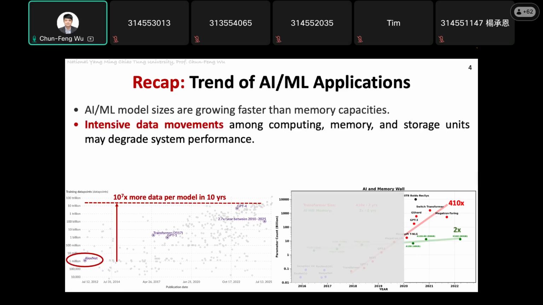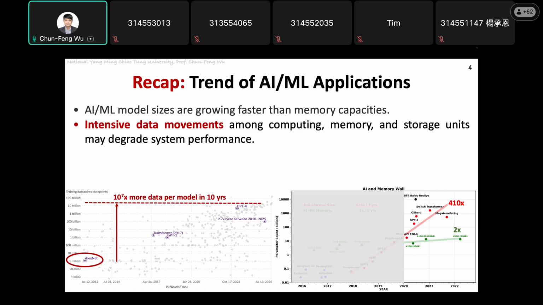Because of this trend, most of the research is thinking about, for example, how to do quantization, to quantize the data to integers, maybe 2-bit or even 4-bit, those kinds of things. But quantization sometimes will hurt your accuracy.